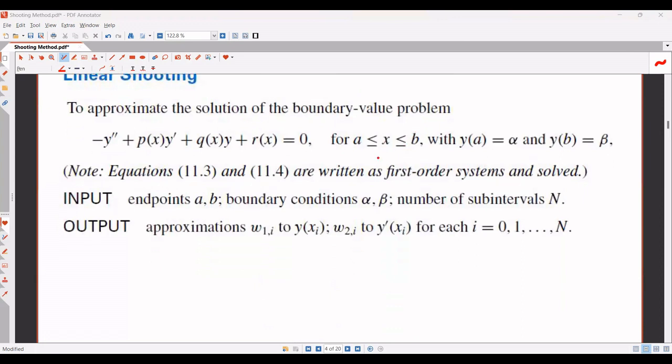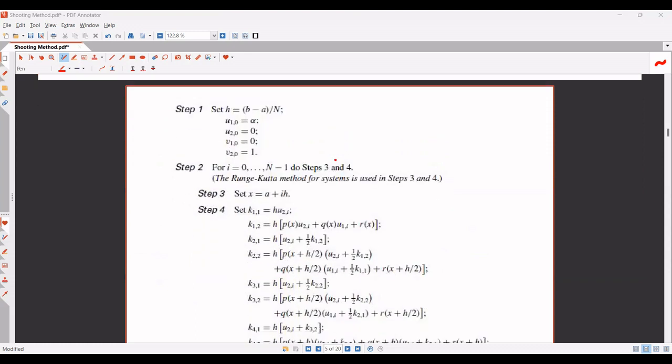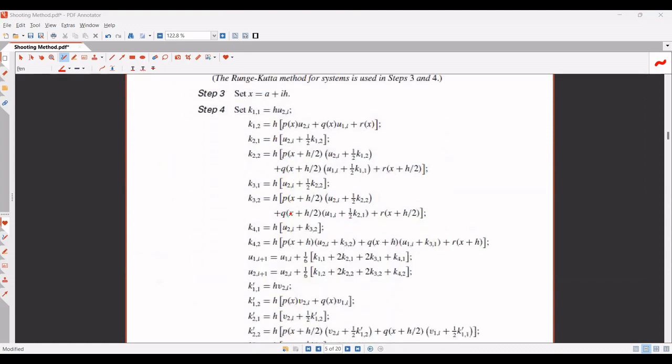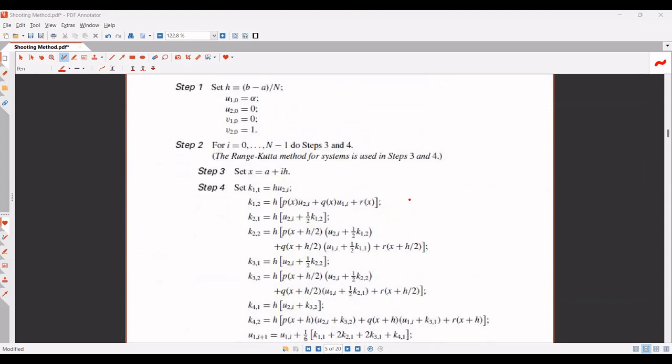Of course, the boundary value problem is going to be a linear differential equation. Otherwise, you cannot use the linear shooting method, right? So you are going to use the linear shooting method, but instead of RK4, to make things simpler, you are going to use the Euler method to solve the two initial value problems.